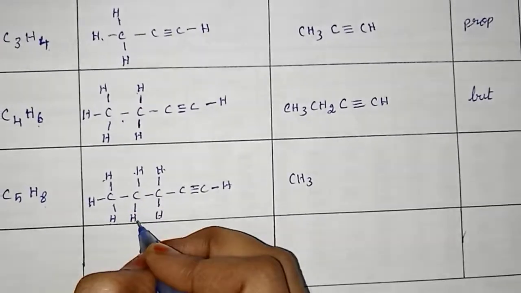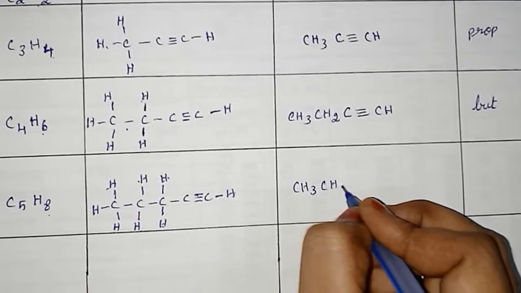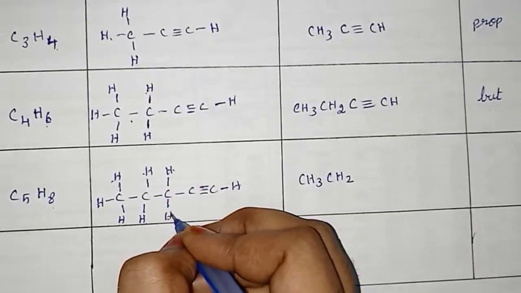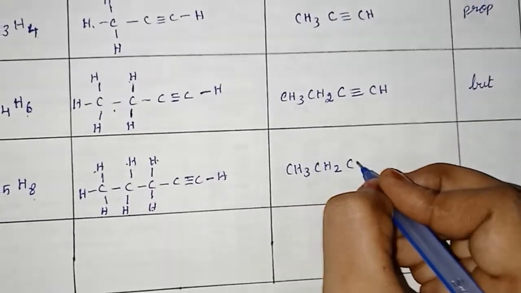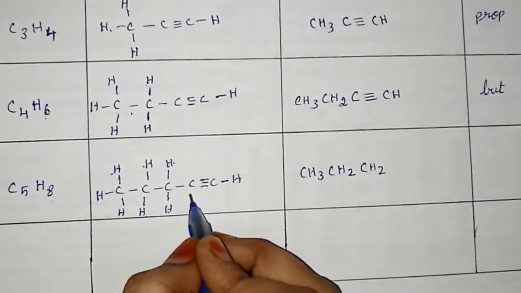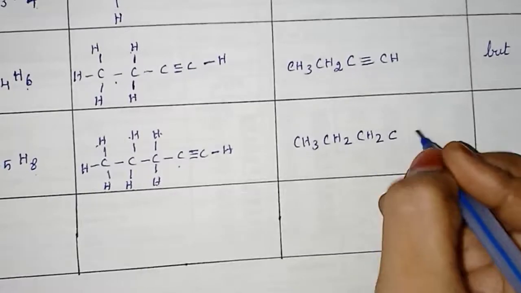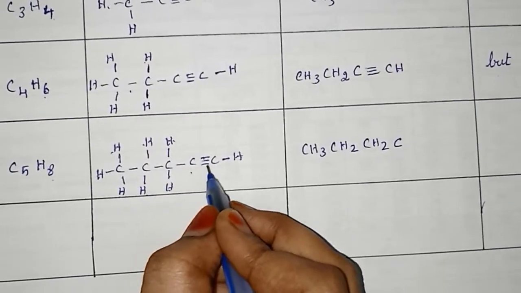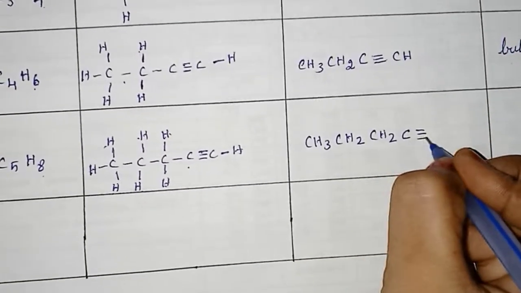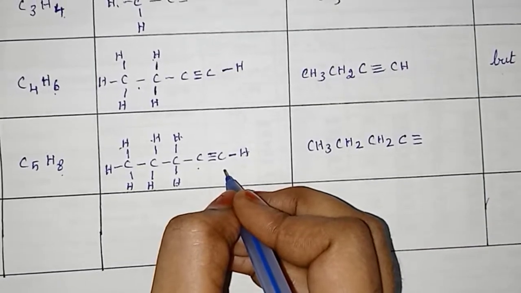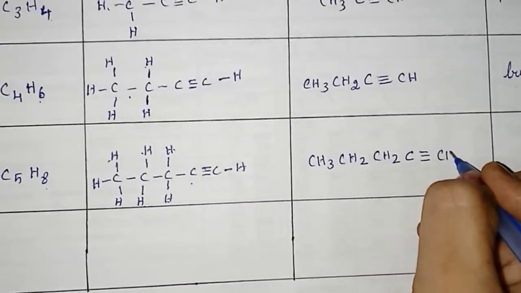Second carbon contains 2 hydrogen atoms, CH2. And the next carbon atom contains 2 hydrogen atoms, CH2. The next carbon doesn't contain any hydrogen, so we simply represent C. And after this carbon a triple bond is there, we denote the triple bond. And the next carbon atom contains only one hydrogen, CH.